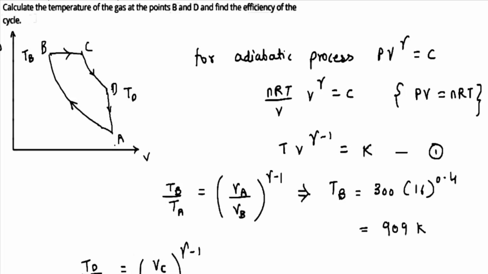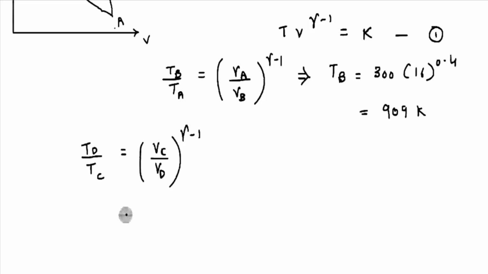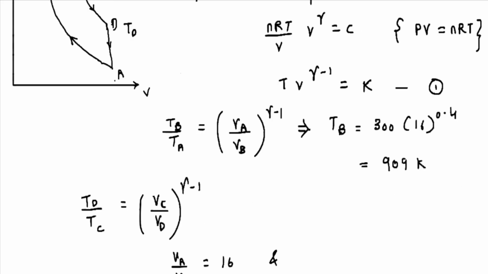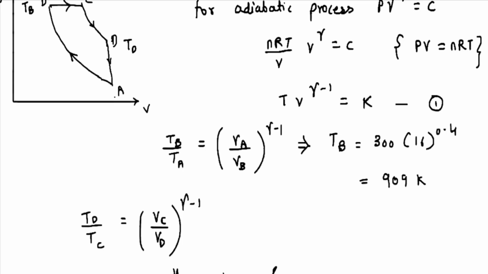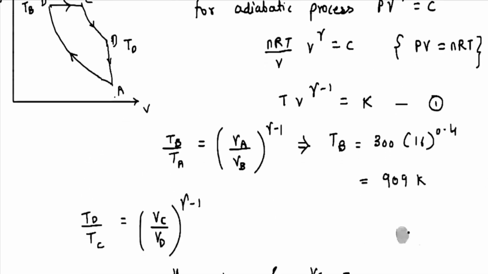For this, we have been given VA by VB as 16, and the ratio of VC by VB as 2.